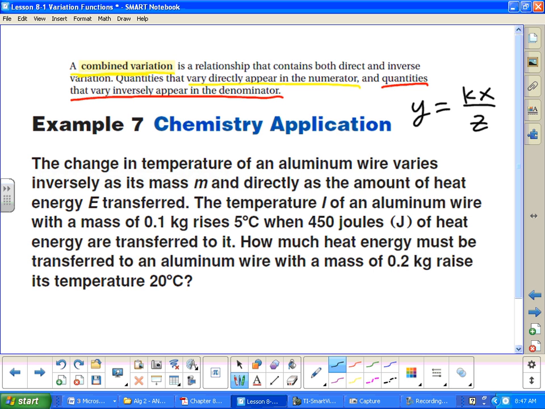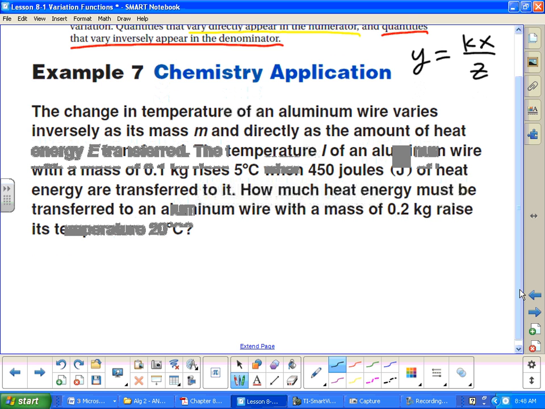So we have this nice chemistry application problem. It says the change in temperature of an aluminum wire varies inversely as its mass m and directly as the amount of heat energy E transferred. So let's just start right there.